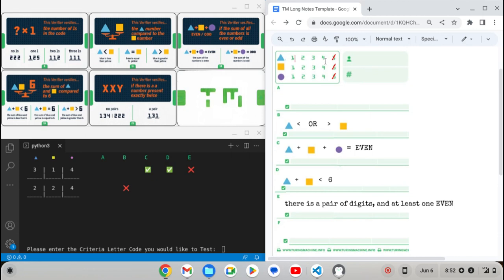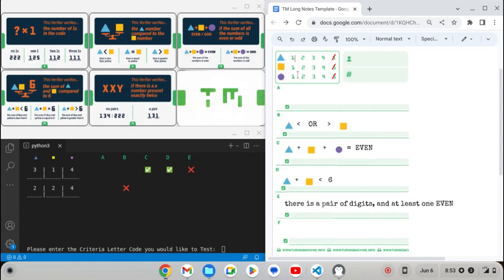It's not the case where they're all even. So it can't be 2, 2, or even 4, 2. Well, there's a pair. So it's got to be 1 odd and 1 even. And so I'm deducing that circle has to be an odd to match up with the other odd.